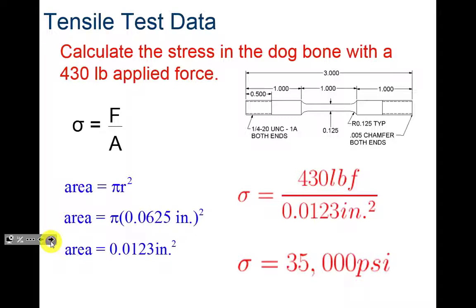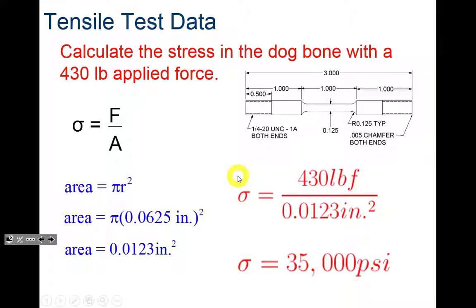Also worth noting, a little refresher of how we find area. That's pi r squared. And let's do this example right here. 430 pounds of force, and there's our area. And that particular sample had a stress of 35,000 psi.